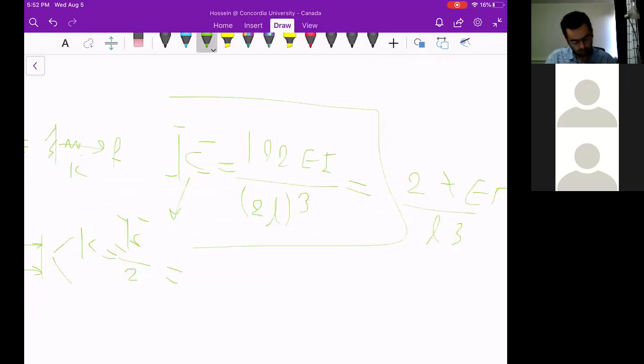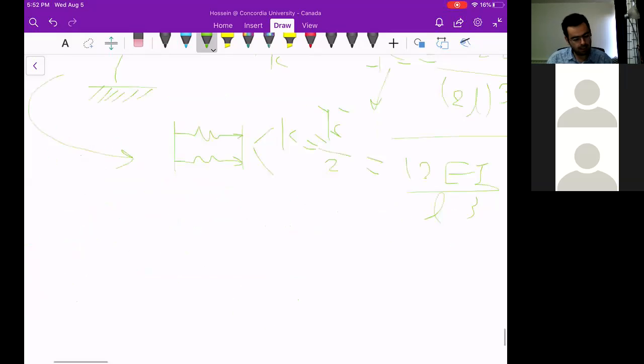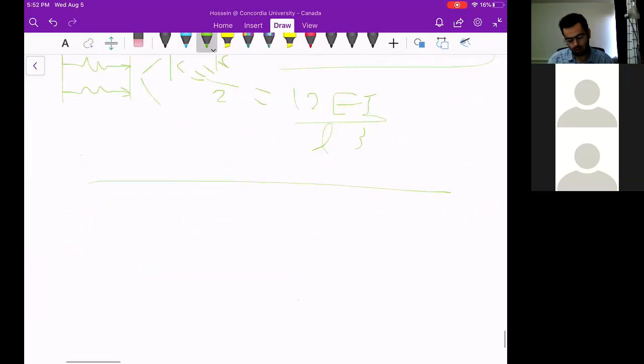So for buildings, you could go for 12 EI over L cubed. It is the stiffness of half of a fixed beam, a guided clamp. In the mechanics of materials textbook there is a guided clamp, welded.